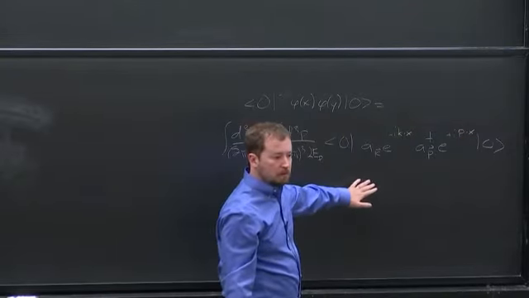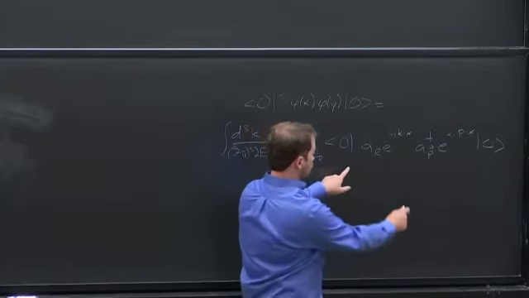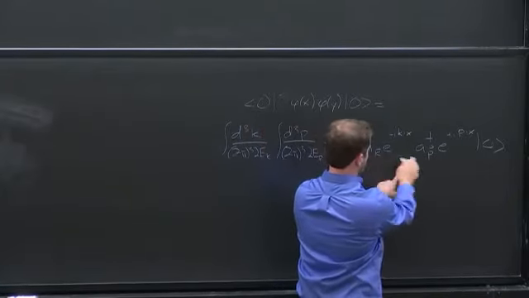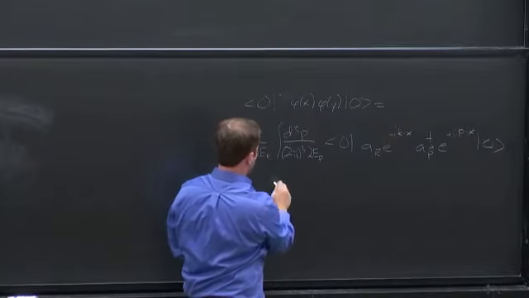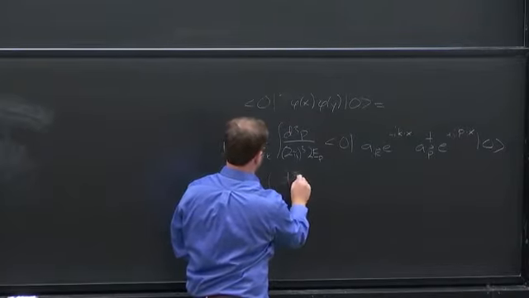Is that okay? You can use the commutator. That will kill an integral. What I'm left with is one integral.